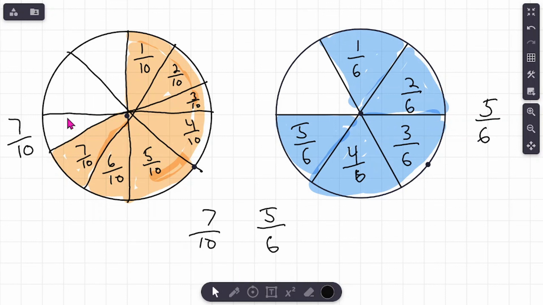And what I'm looking at is all this white space. You see how there's a lot more white space? There's a lot more sections that are available than over here on 5/6. So to make this inequality true, we would say that 7/10 is less than 5/6.